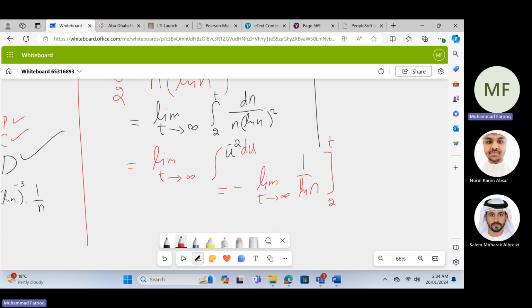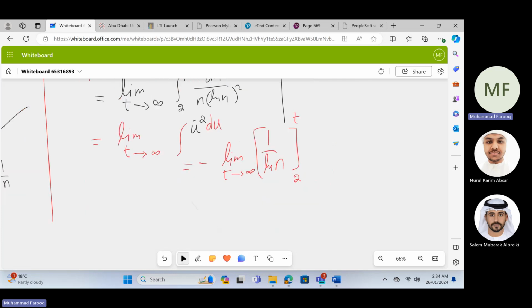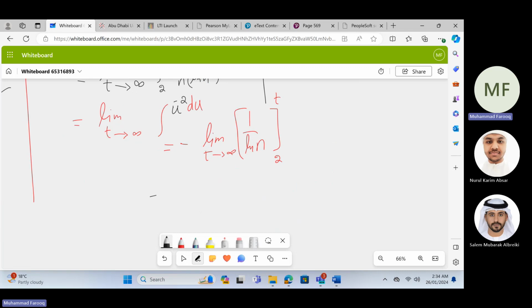Okay, let me make it separate. Now upper limit in the answer minus lower limit in the answer. So now the negative sign, limit as t approaches infinity. What is the upper limit? t. So 1 over ln t. Very good. Minus the lower limit, ln 2.